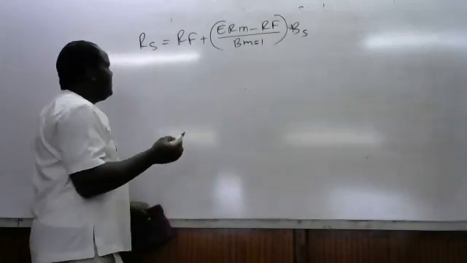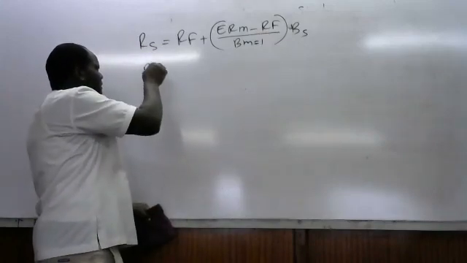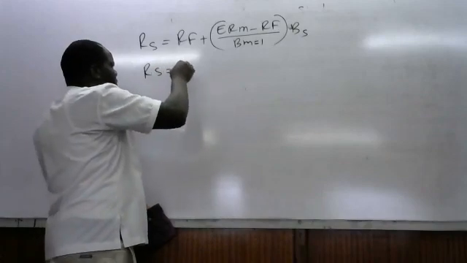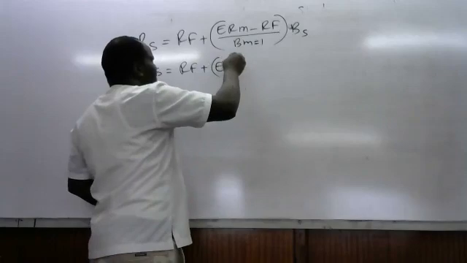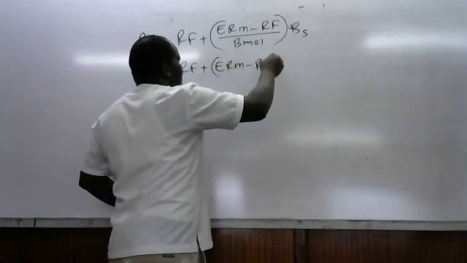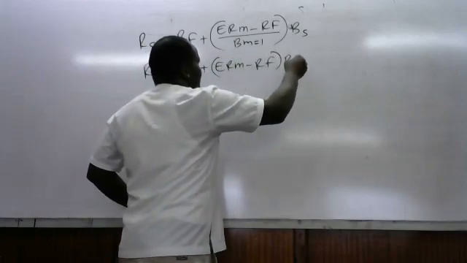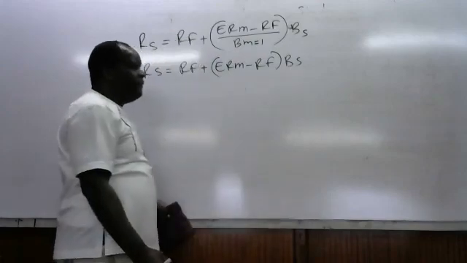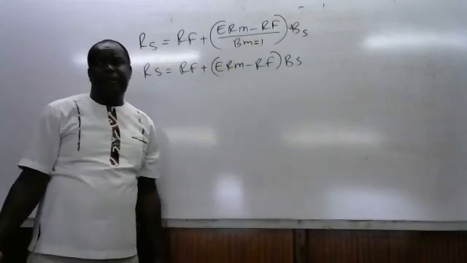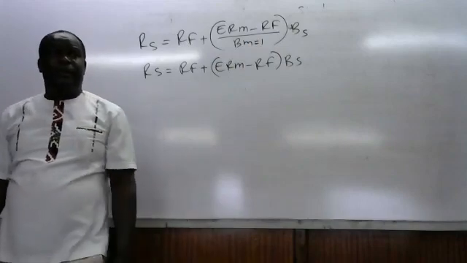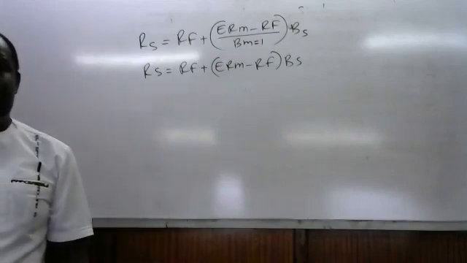So our equation will be the return on the security equals the risk-free rate plus expected return for the market minus the risk-free rate, times the beta factor of the security. We do away with the beta factor for the market because it is equal to 1.